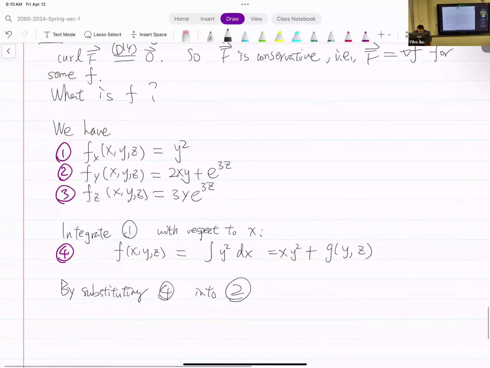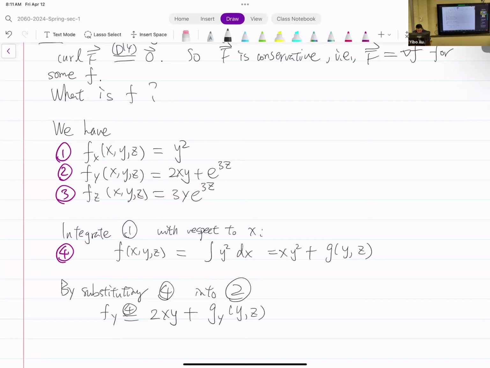Now equation 4 is our current little f, so we just do the partial with respect to y, f sub y. By equation 4, x y squared, the partial with respect to y is: x is treated as a constant, y squared gives 2y, so 2xy, plus g of y, z, which is a function in terms of y and z. When you do the partial, you just get g sub y of y, z.